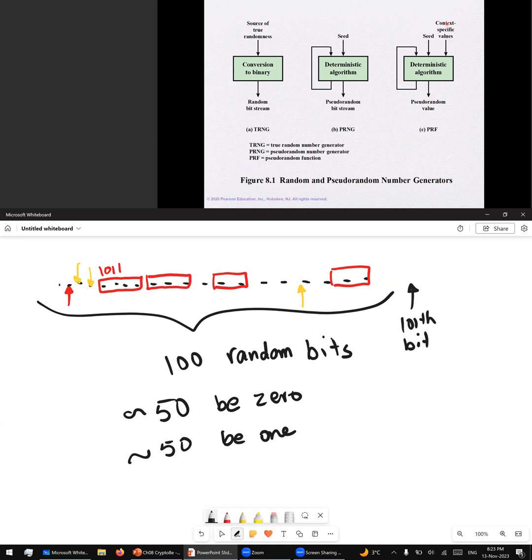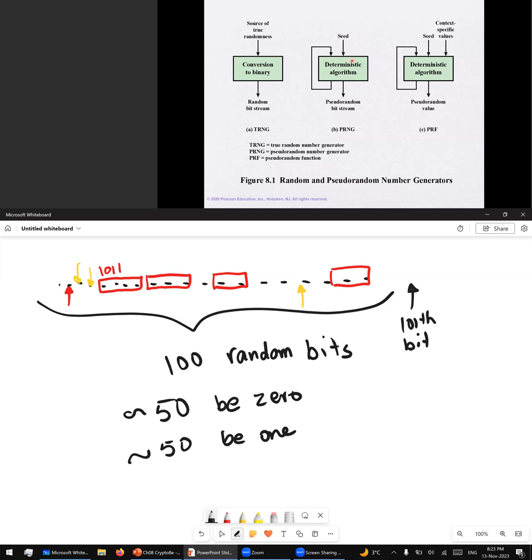It takes all these inputs and gives us one value. It's not a bit stream or anything. It's a random value that we can then convert to binary or do something with, and then we can generate a pseudo-random bit stream with it. So this is basically a pseudo-random function.